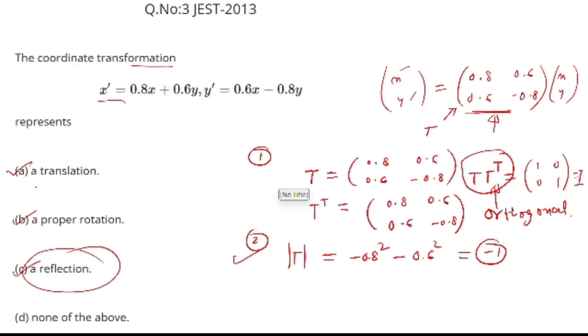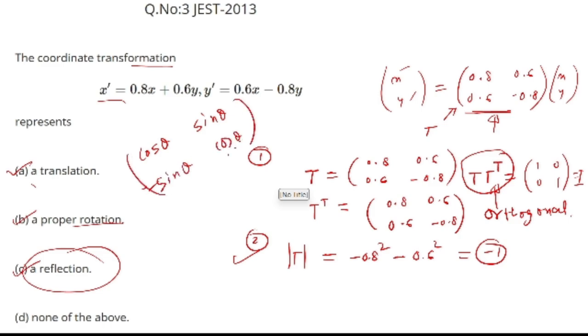Now for rotation, we know the rotation matrix is cos theta, sin theta, minus sin theta, cos theta.